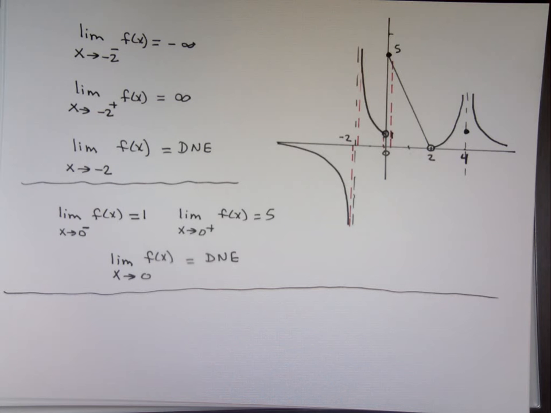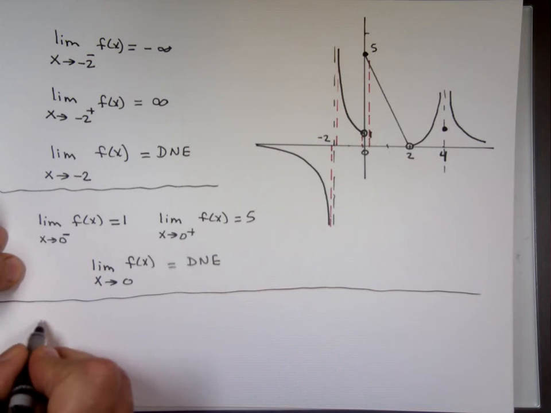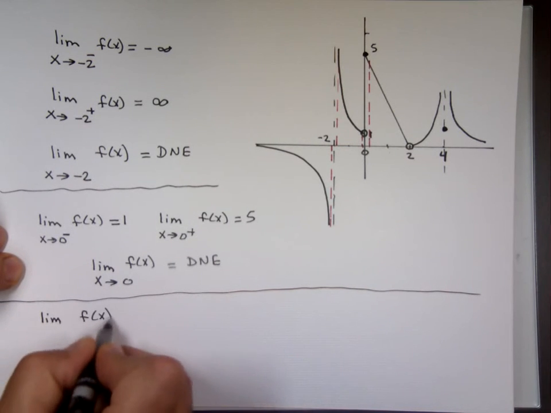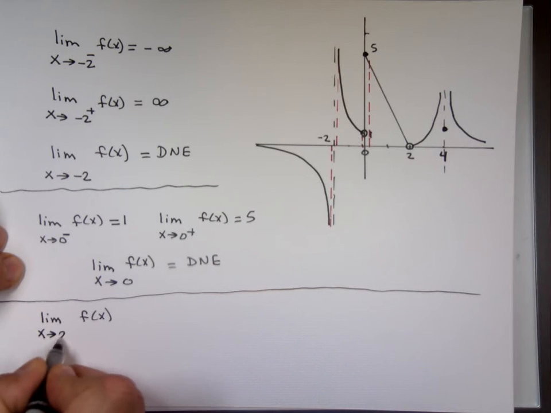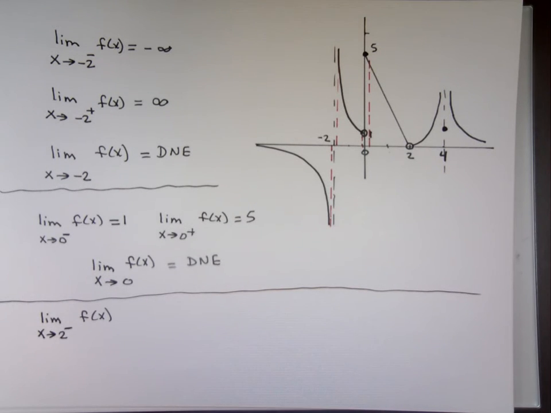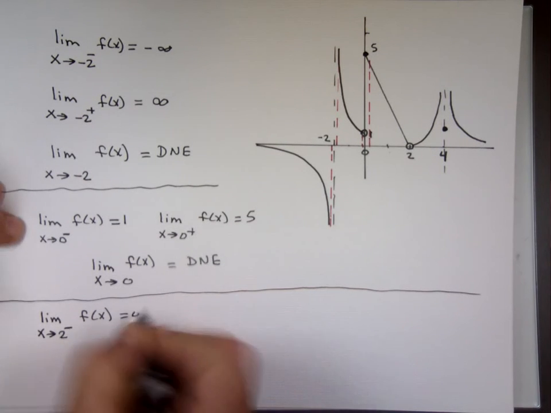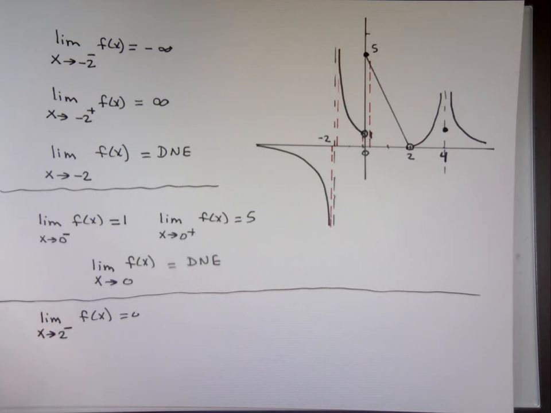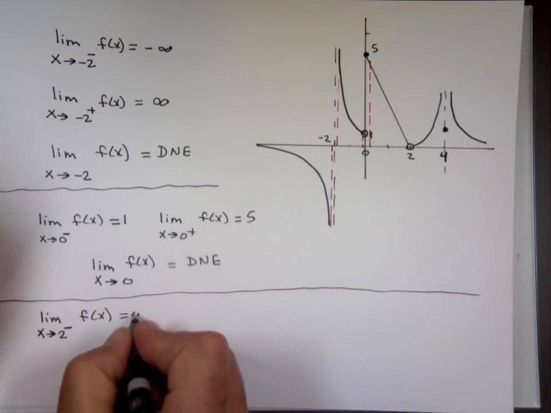Let's look at the 2 and the 4. What's the limit of this function as x approaches 2 from the left? What is the y value? Zero, yes. It's right there. The height is 0. And what is it from the right?